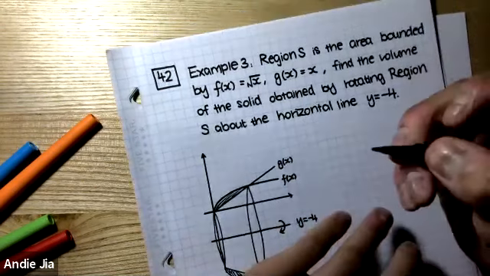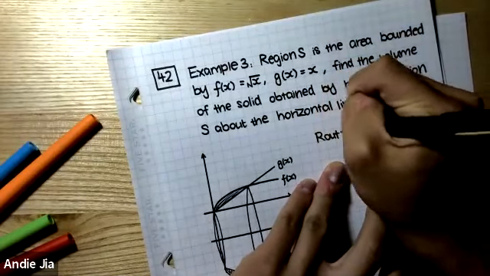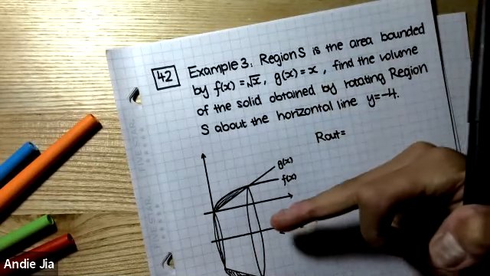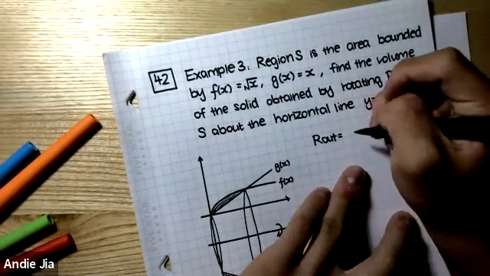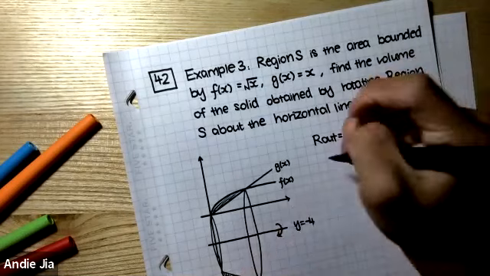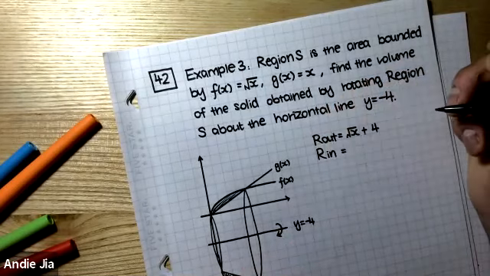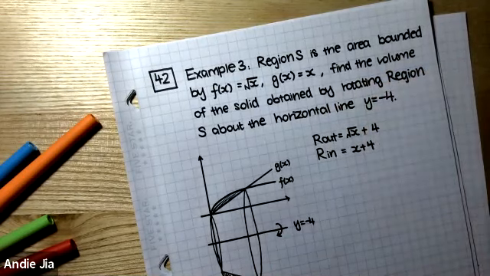The inner radius and outer radius: the outer radius is 4 plus f of x, which is square root of x plus 4. The inside function should be x plus 4.